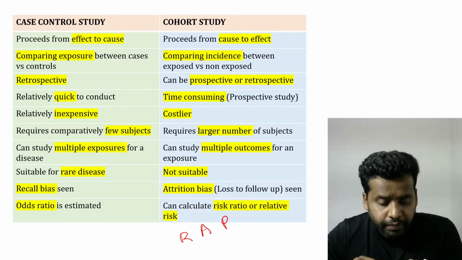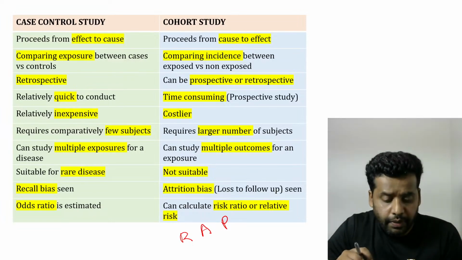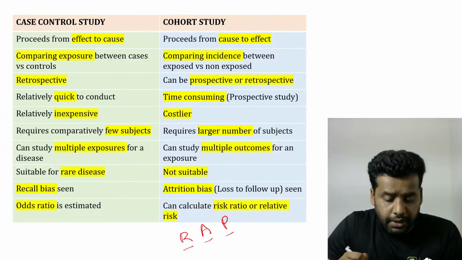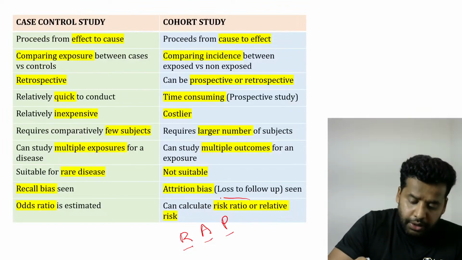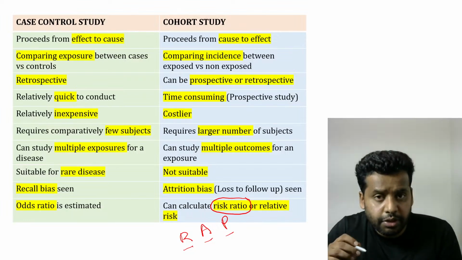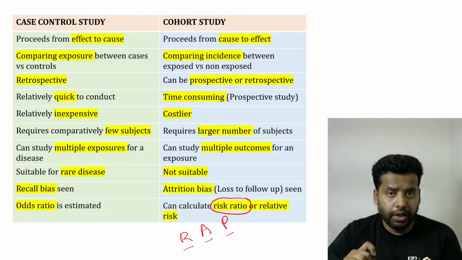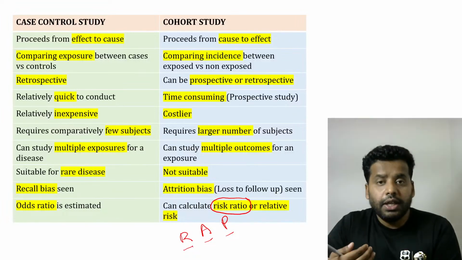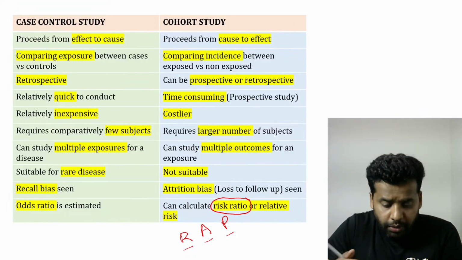Repeat with me. Risk ratio, good. Attributable risk and population attributable risk. So what is the formula for risk ratio? Incidence in exposed by incidence in non-exposed. You are dividing two things. Incidence in exposed divided by incidence in non-exposed.